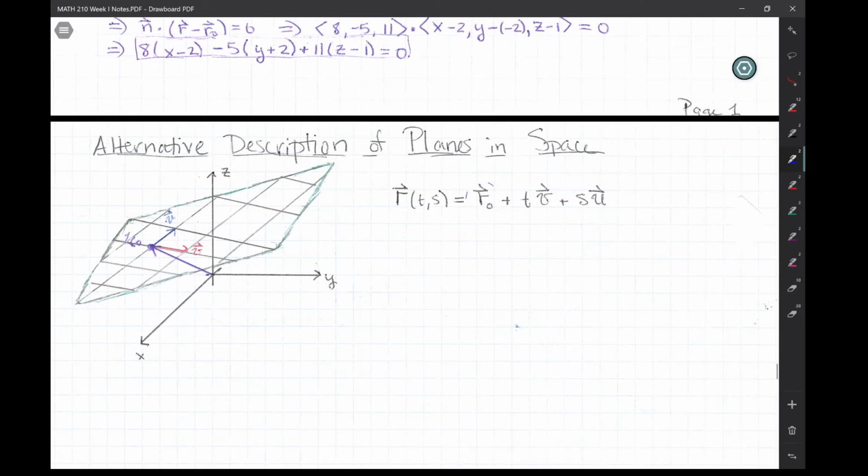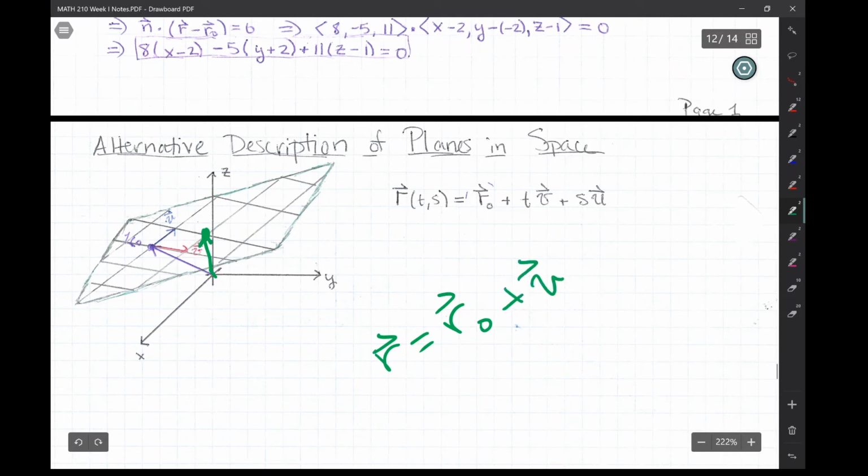But we can actually describe points on a plane using the prescription of vectors along the plane. If we have R naught here, which points to a point along the plane, well, we could add any combination of U and V to get points. For example, if I wanted the vector that points to this point on the plane, then R is equal to R naught, the purple, plus U plus V. R naught gets me up to the plane.